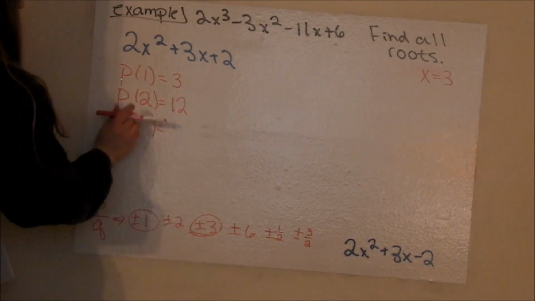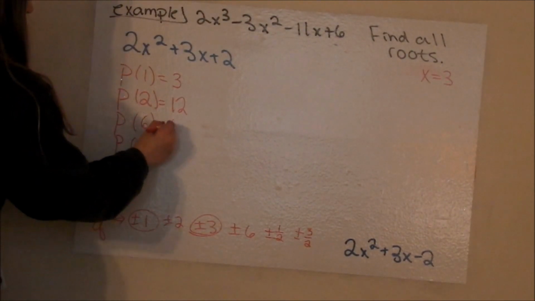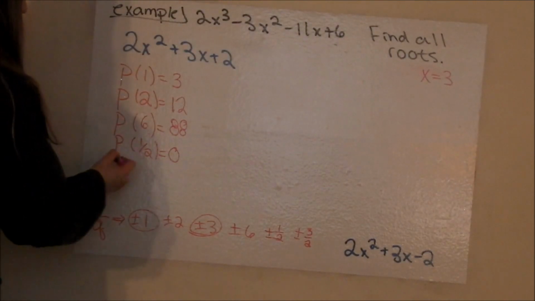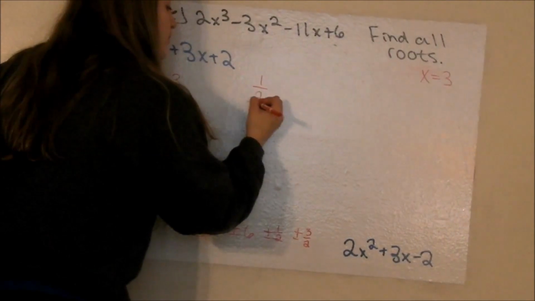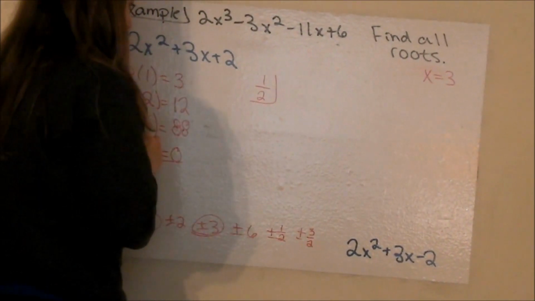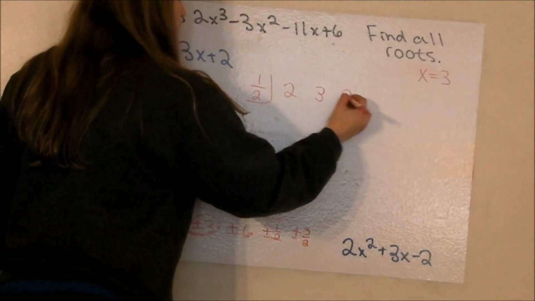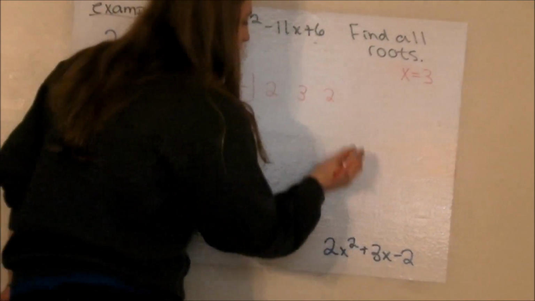I'm going to do 6 too. So p of 6 we get 88, and p of 1/2 we get 0. So we use 1/2 again for synthetic division: 2, 3, 2, -2. That should be a negative, not a positive.